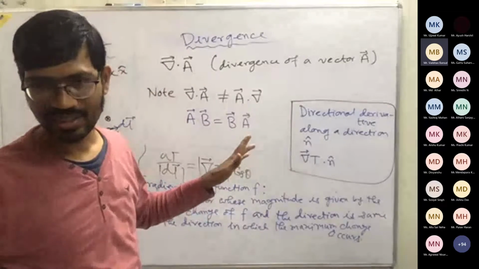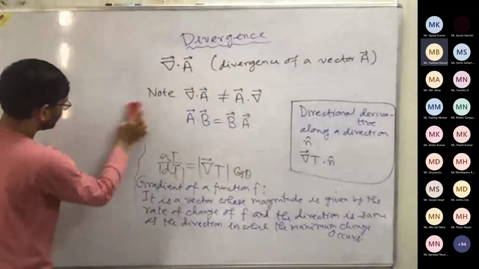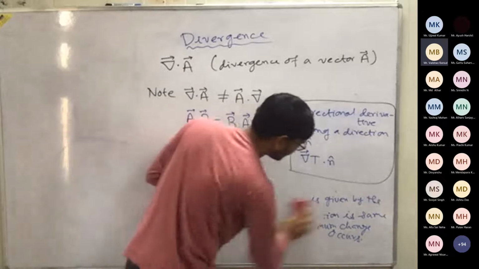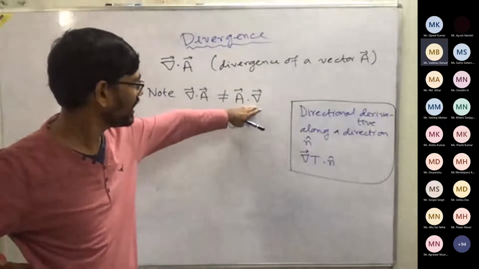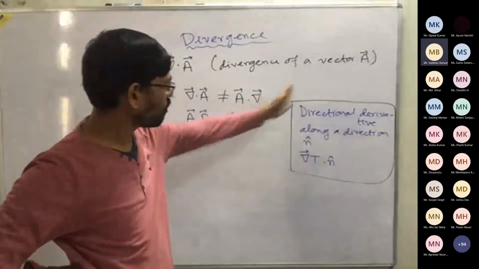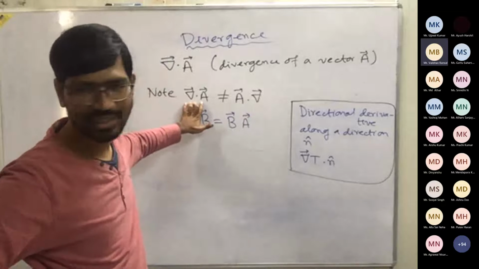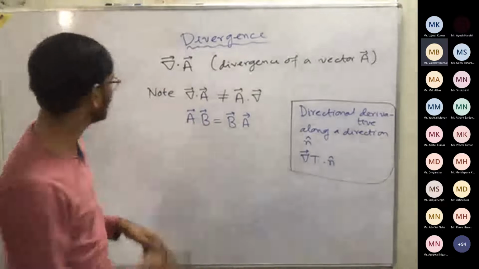Why? Sir, A dot del will give another operator. Yes, exactly. Here the operator is still hungry. If you put a function, it will operate on it. But A dot del is an operator. So explicitly I'll write it.